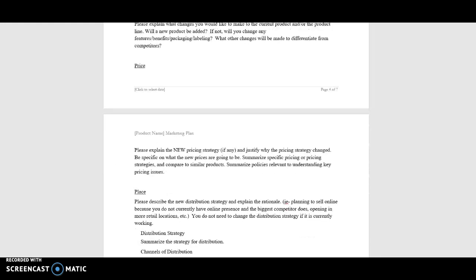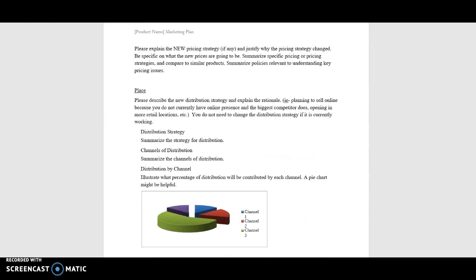So next, look at the price. If you decide to change the pricing strategy, justify why you're changing the pricing strategy. Explain why. Be specific. If possible, compare it to other similar products that you have seen in the simulation or real-world products.